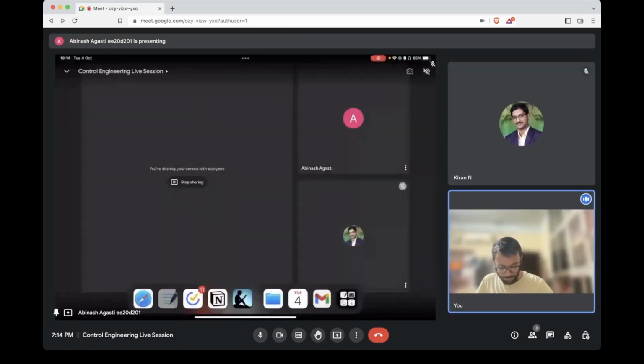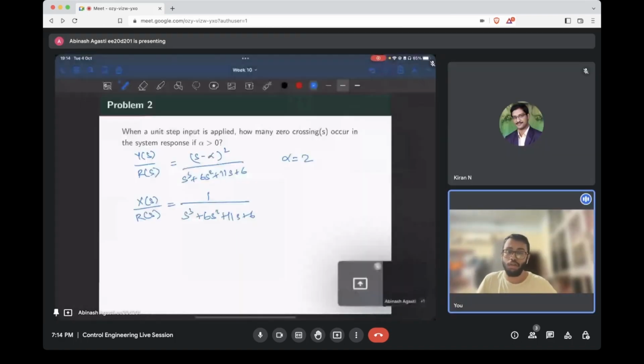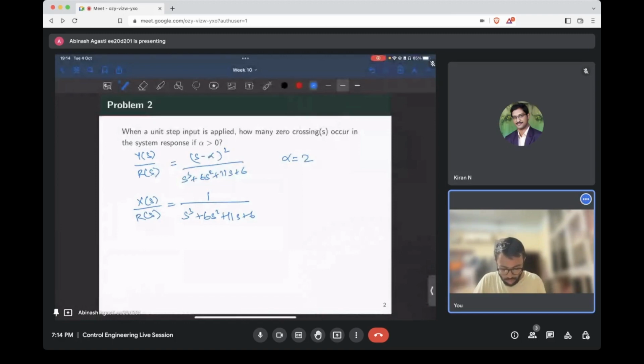Yeah. So now, basically, x of t will take R of s as 1 by s because we took the step input. So x of t, whatever we found out, was something of this sort, right?